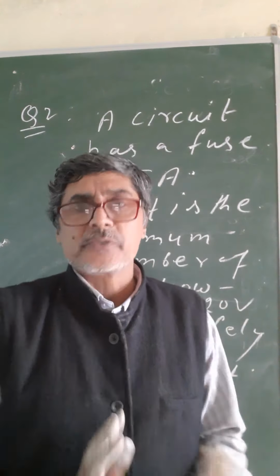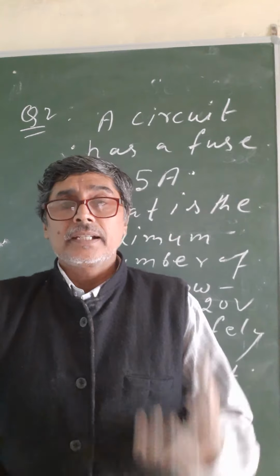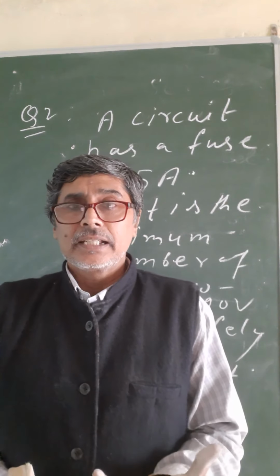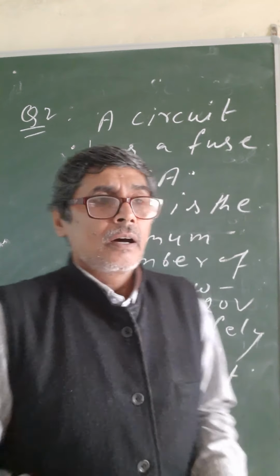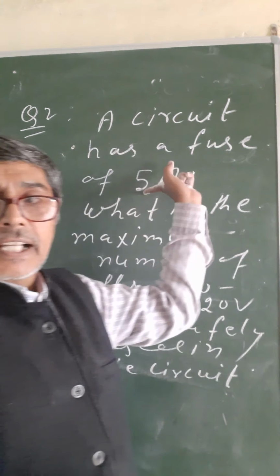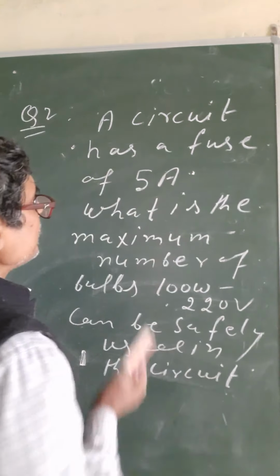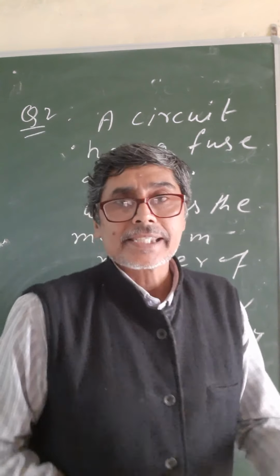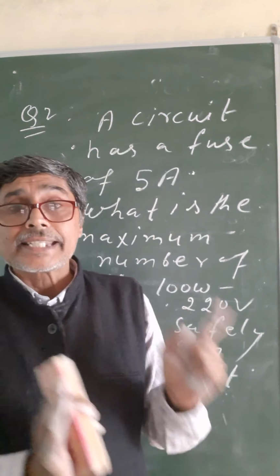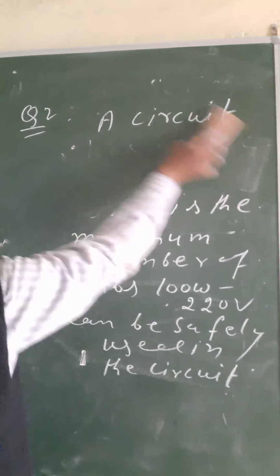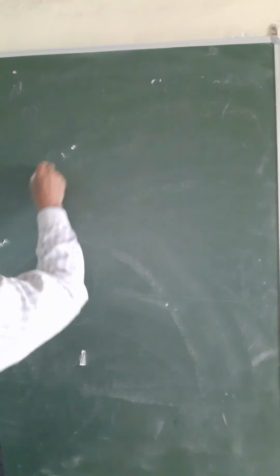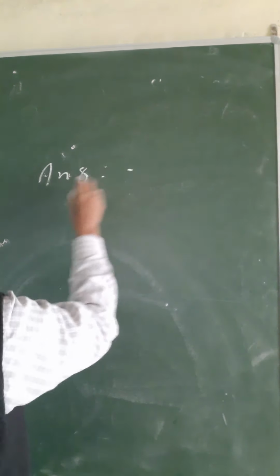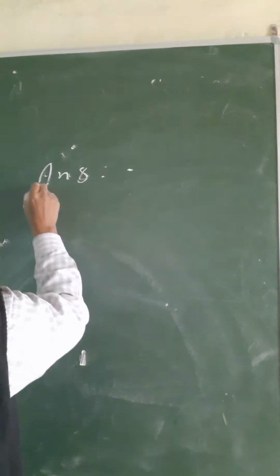So first of all we will calculate the current consumed by a single bulb. The total current is given here, 5 ampere. Now we will calculate the current required to operate a single bulb.